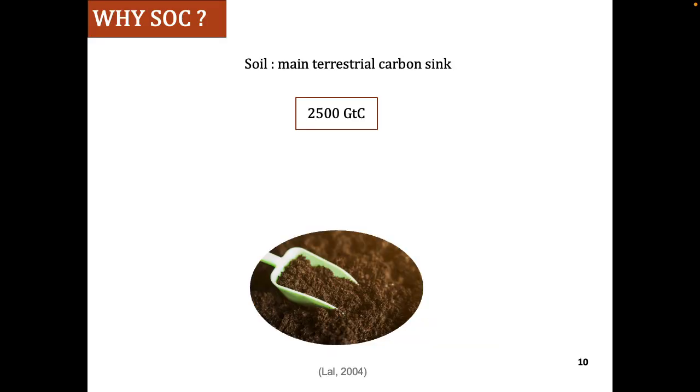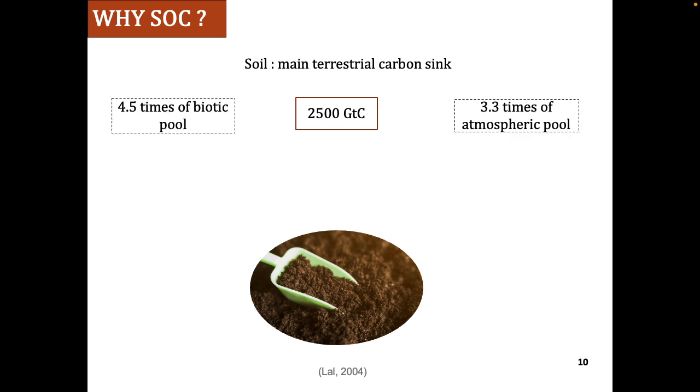So why do we study soil? To answer that question, the soil is the main terrestrial carbon sink, which represents 2,500 gigatons of carbon, and that is more than 4 times the biotic pool, and more than 3 times the carbon in the atmospheric pool.